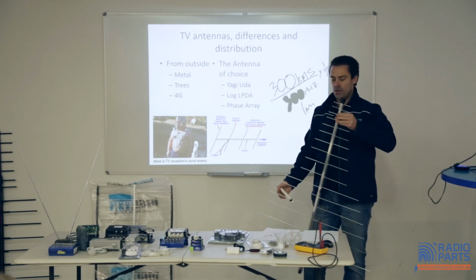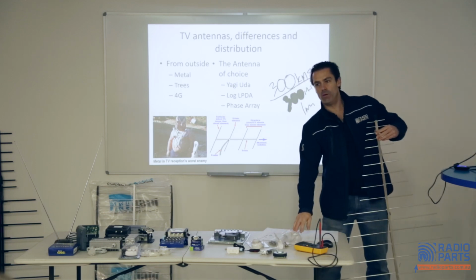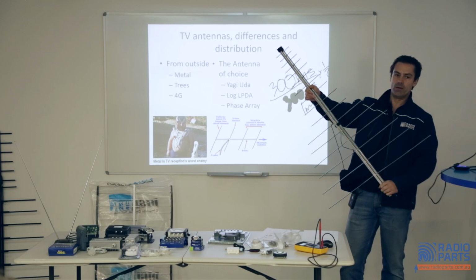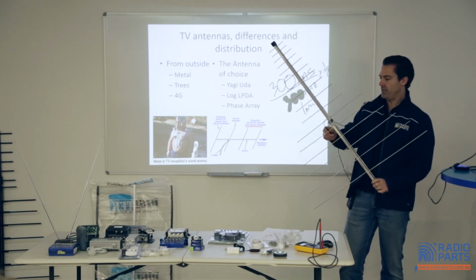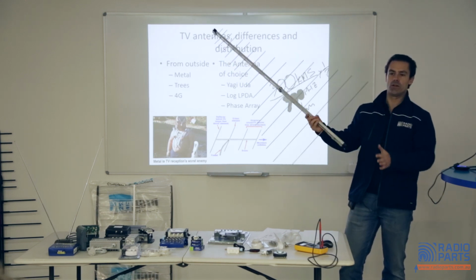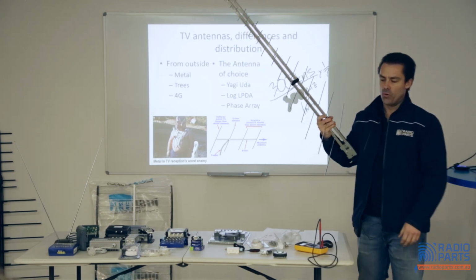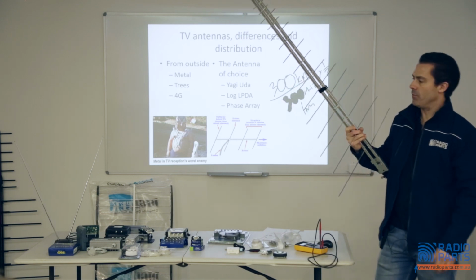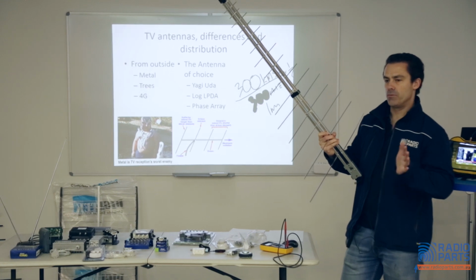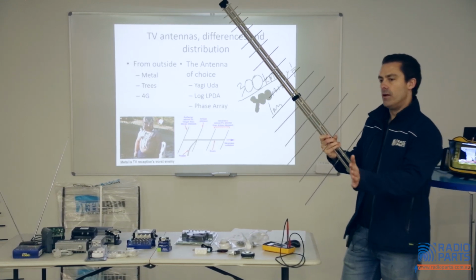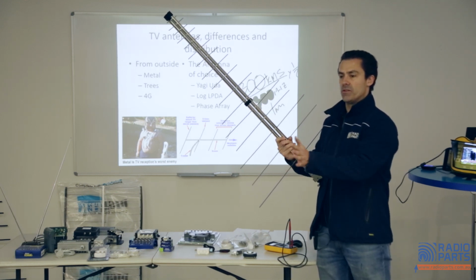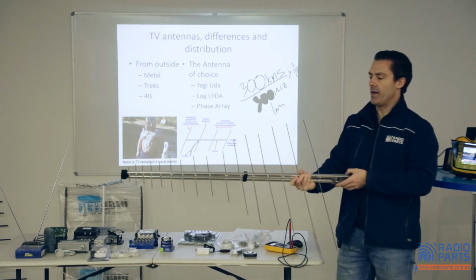It's kind of interesting when you look at 4G antennas, for example, you'll notice that they'll be a log design, which makes sense because they've got to cover a huge range of frequencies. You know how I told you that with 4G and mobile phone reception, we've got a huge range of frequencies from 700, we've got 850, 900, you know, we've got 1.8, 2.1, 2.6, all of these frequencies going all the way up.